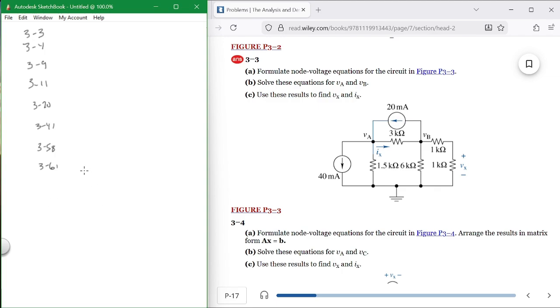This is 3.3. So write the equations for this. It's a VA and a VB, so you have two unknown nodes, VA and VB, right? What is the current?